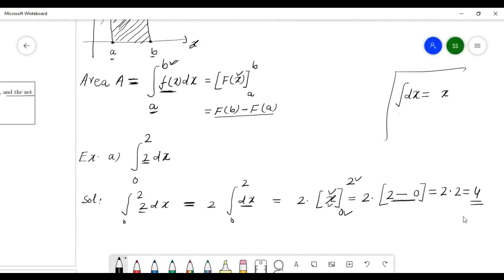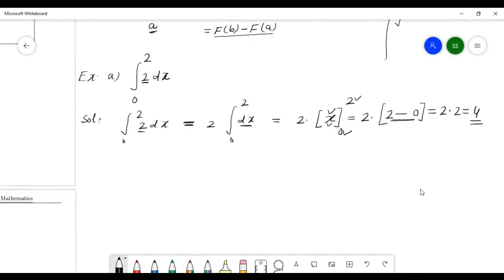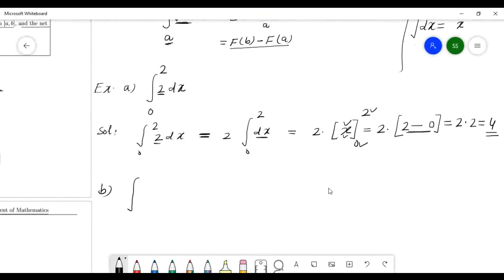Now see question number B. Integral, again. Like number A, look here, the constant is taken out. And then the integral of dx is x. The integral of dx is x, as I told you.